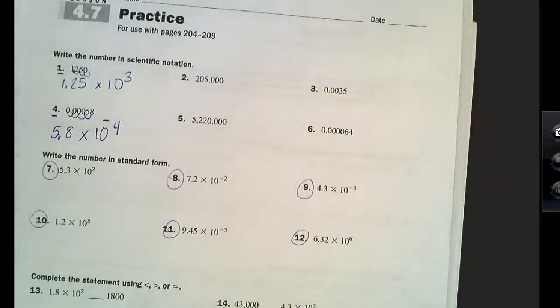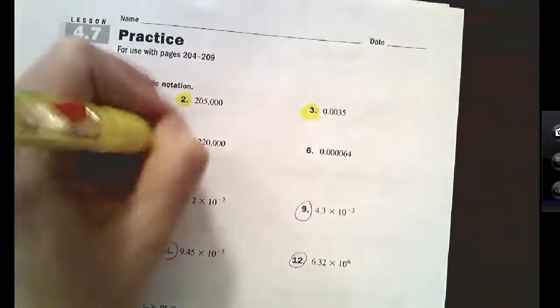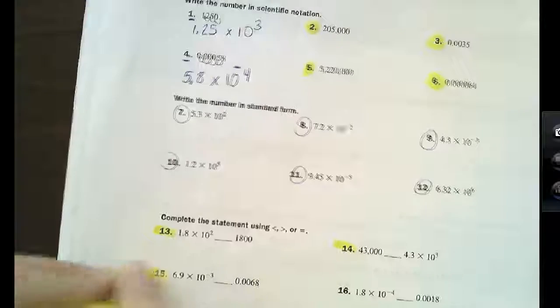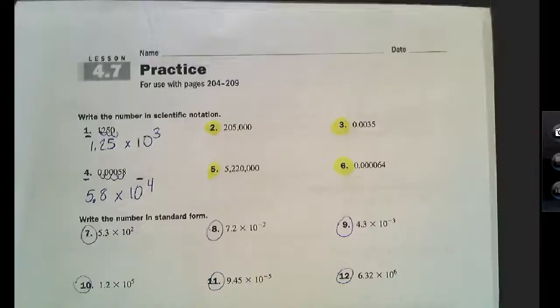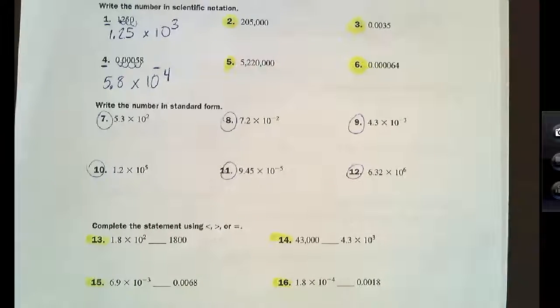All right, let's flip to your 4-7 worksheet. I'm going to highlight your homework tonight. You need to do 2, 3, 5, and 6. I want you to do 13, 14, 15, 16. So this is your 4-7 worksheet. 13, 14, 15, 16.